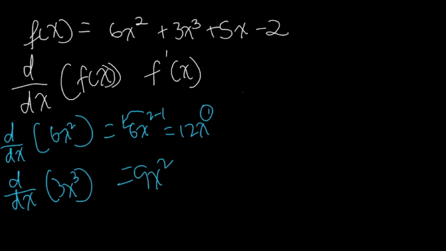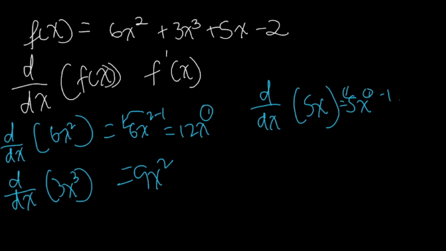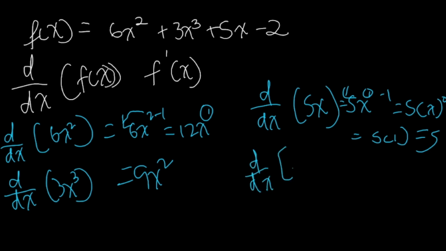The derivative of 5x, so it's 5x, it has an exponent of 1, we take it to the other side and we subtract 1. That's 5 times x to the power of 0. Anything to the power of 0 is 1, and so that's 5 times 1, which is equivalent to 5. And again, the derivative of any constant is just 0, which is finally equivalent to 0.